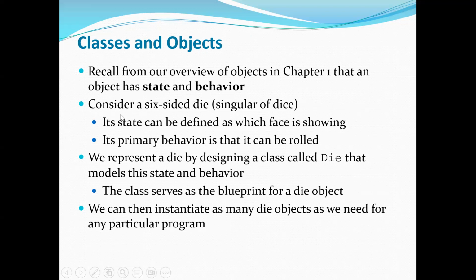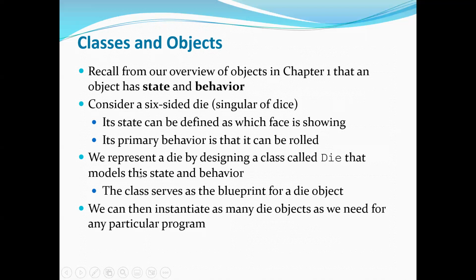The example given here is a six-sided die, the singular of dice. Its state can be defined as which face is showing, and the possible faces are 1 to 6. Its primary behavior is that it can be rolled. So we can roll a die, and then we may have 1 or 2 as the face showing.